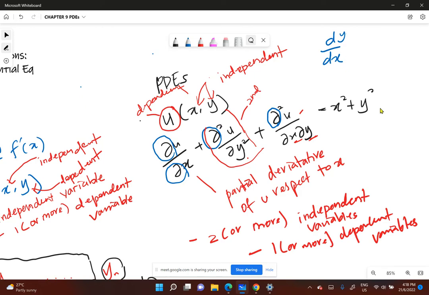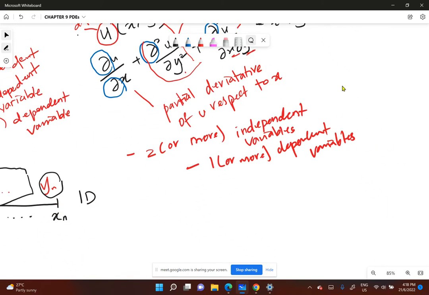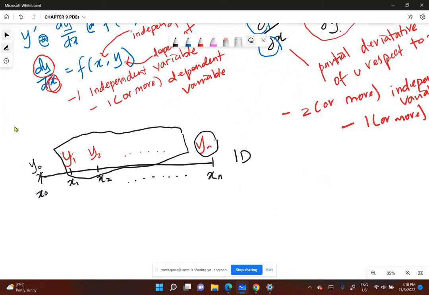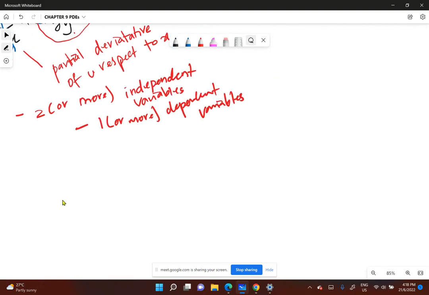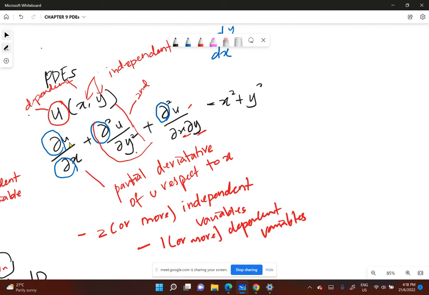Okay, Doctor. So, just now I mentioned that we solved the ODE in 1D, one direction only. For PDE, in your syllabus, we will use two variables, so we will solve it in two-dimensional, 2D. So if I give the example based on this one just now, we have x and y as independent variables.